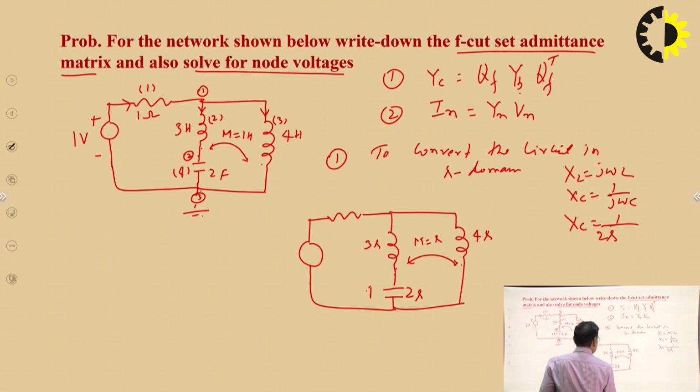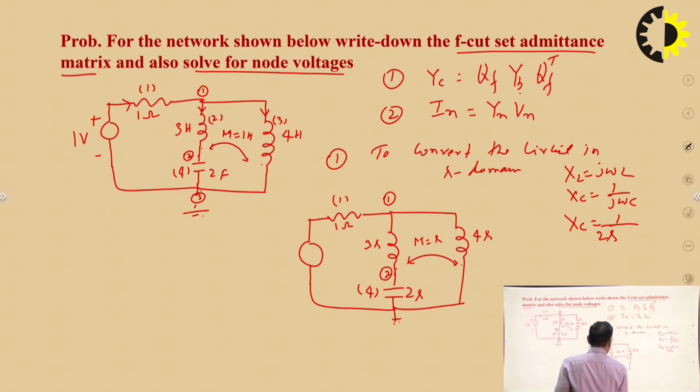Then we do the branch numbering. This is branch number 1, this is 1 ohm, this is 3S, this is node 1, this is node 2, and this is node 3. Branch 1, branch 2, branch 3, and branch 4.